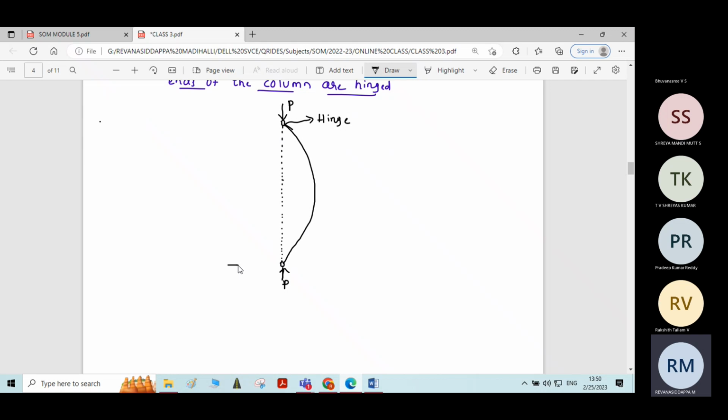Let us take L as the initial length of the column.